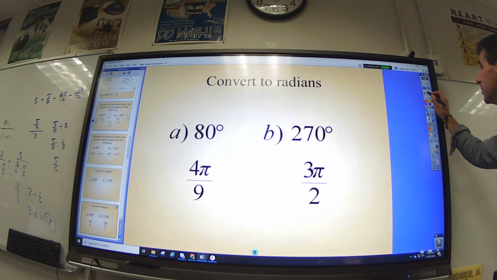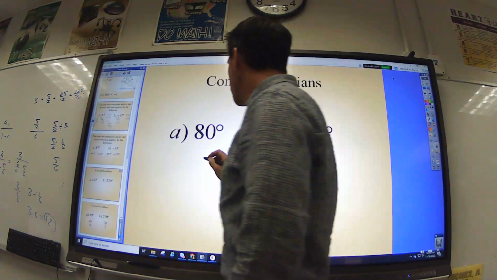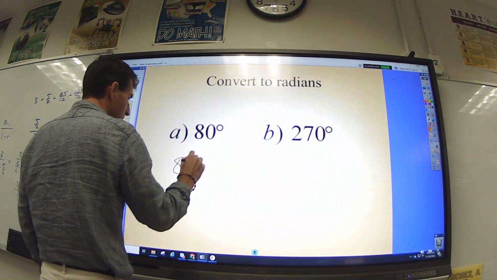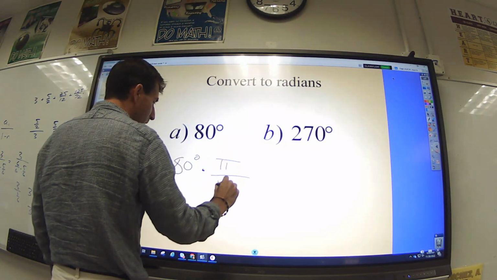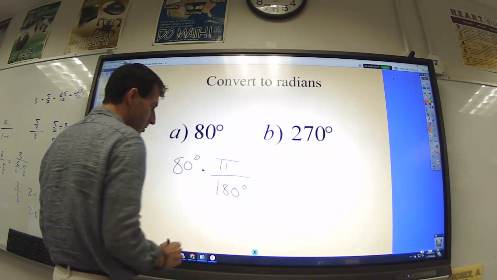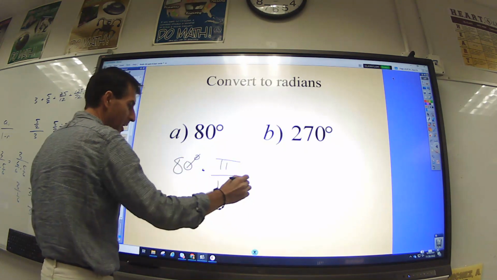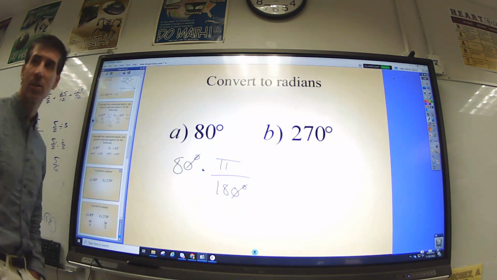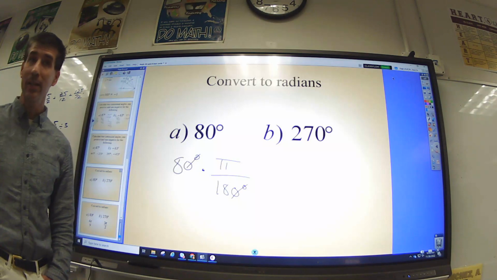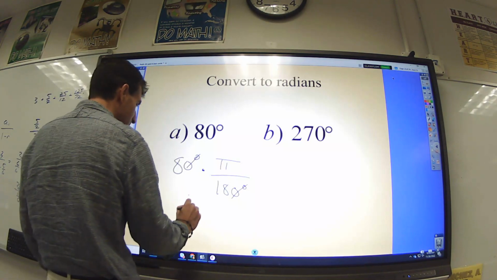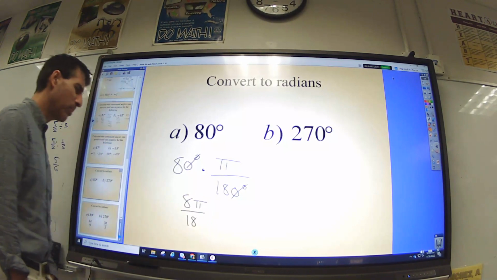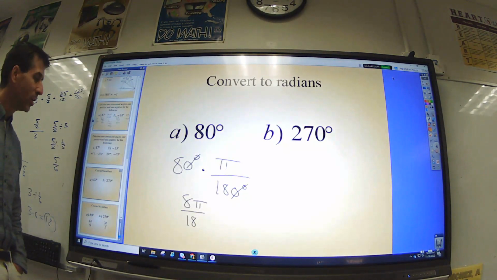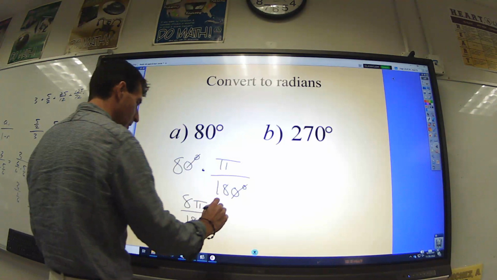All right. So, 80 degrees. What do I multiply it by? Pi over 180 degrees. The zeros cancel out and the degrees cancel out because I'm dividing by 10. So I can write this as 8 pi over 18, and then both are divisible by 2, so 4 pi over 9.